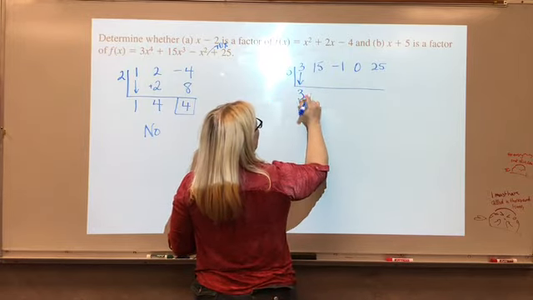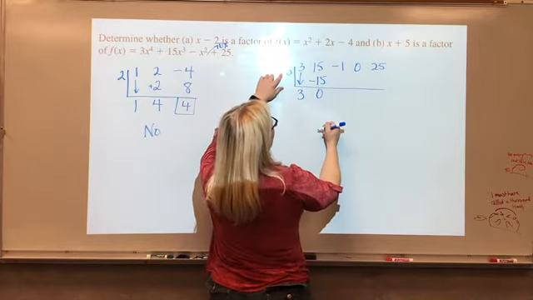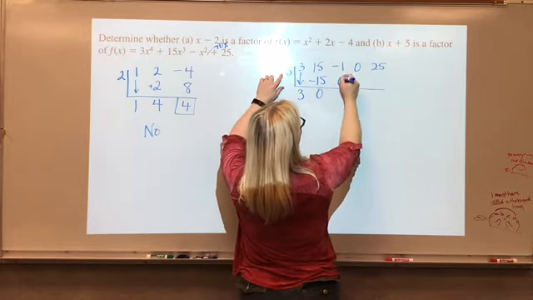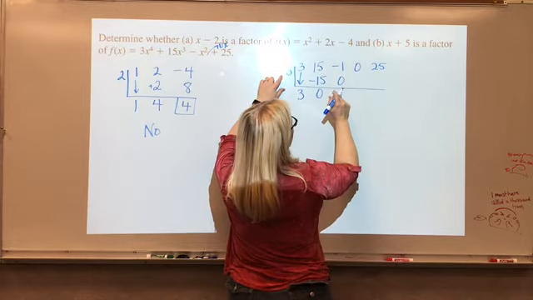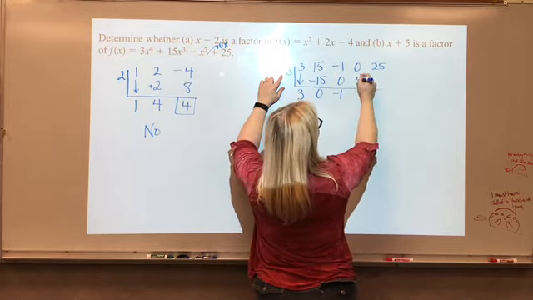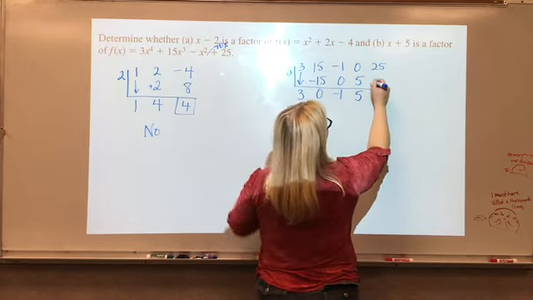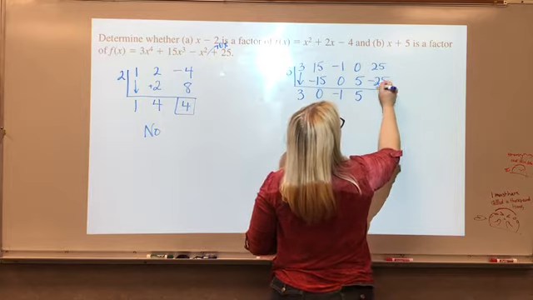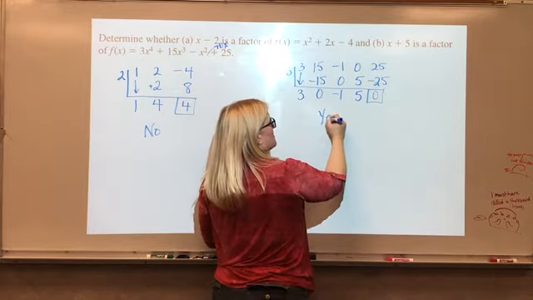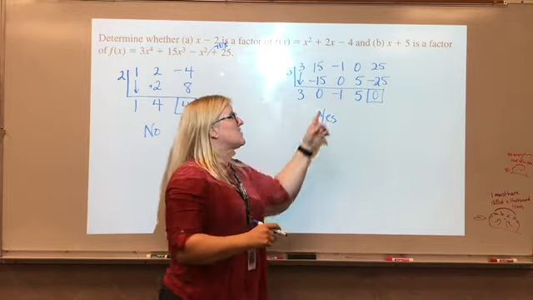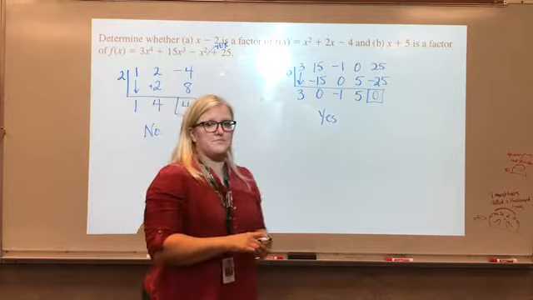Negative 5 times 3 is negative 15. Add those together and get 0. Negative 5 times 0 is 0. Add these together, get negative 1. Negative 5 times negative 1 is 5. Add these together and get 5. And then negative 5 times 5 is negative 25. So my remainder is 0. So yes, x plus 5 is a factor of this polynomial.